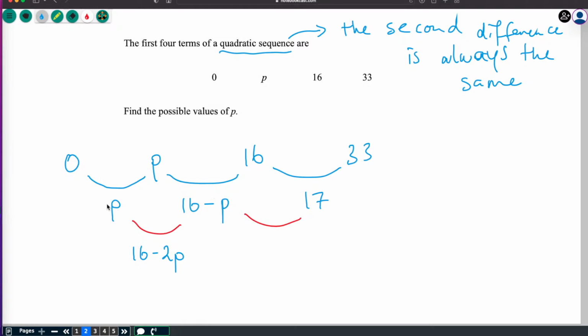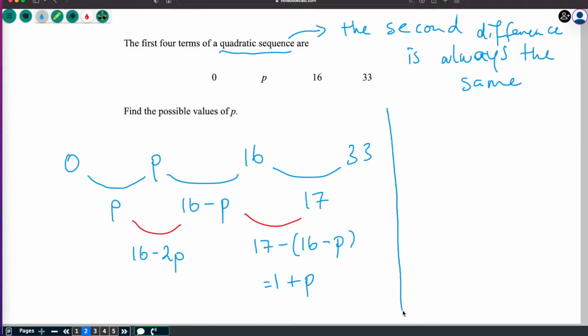Negative p take p, negative 2p. 17 take 16 take p. And here I'm going to write the whole thing out because you need to be a little bit careful with your negatives. So that negative is going to distribute to both of those terms. We're taking that whole expression. So this is 17 take 16, which is 1, and then negative p, which is plus p.